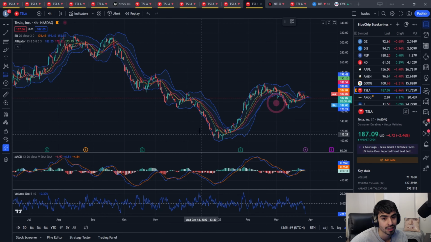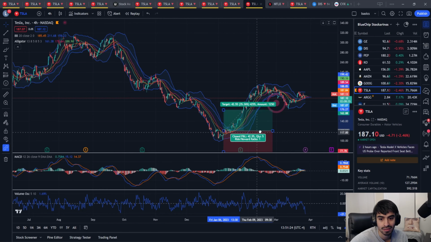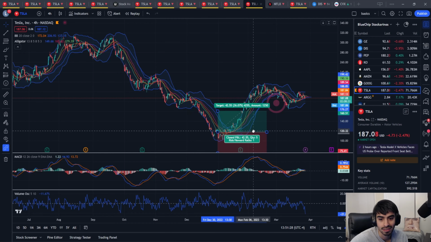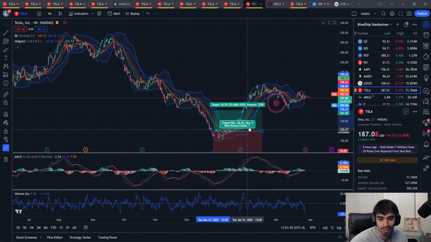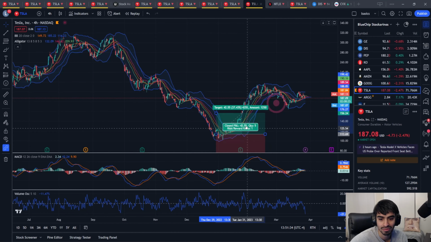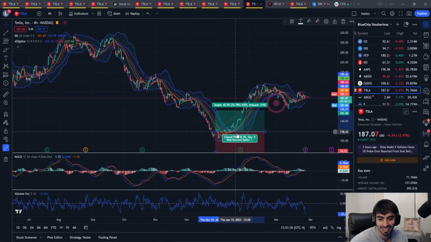What do I call this thing? Image, long position. I don't know.